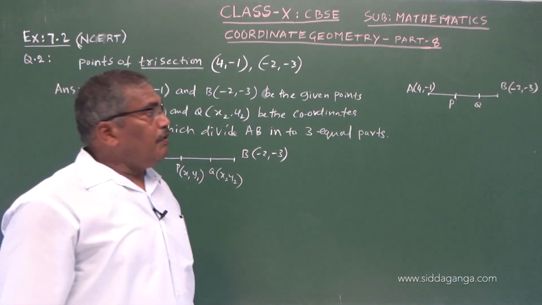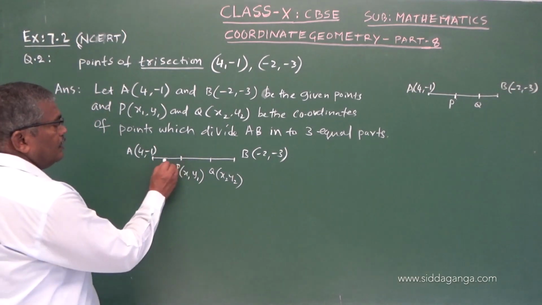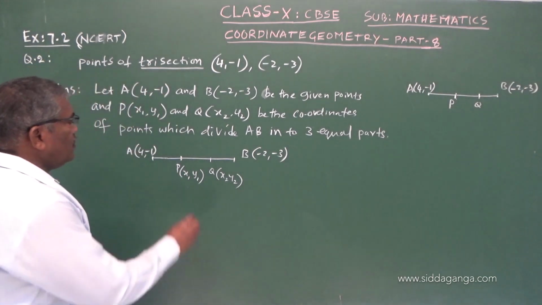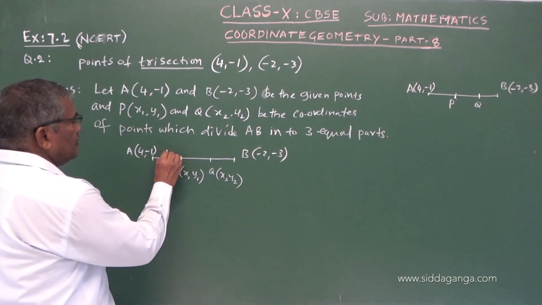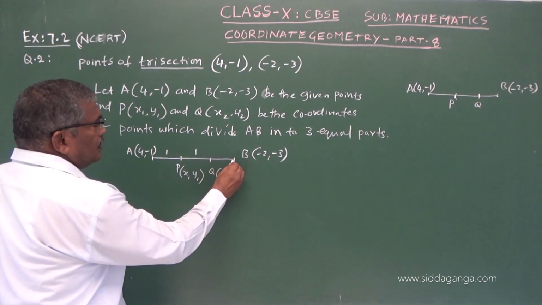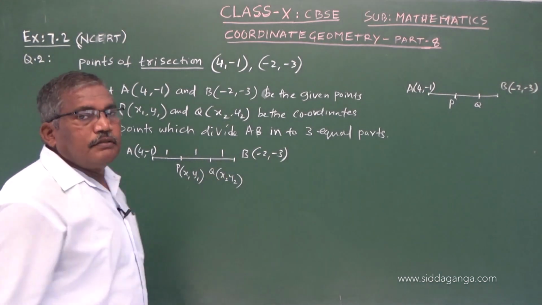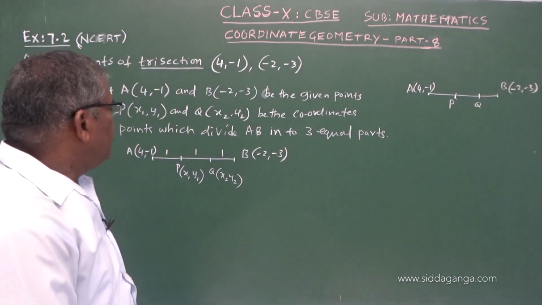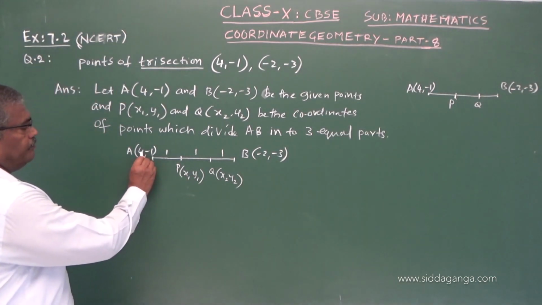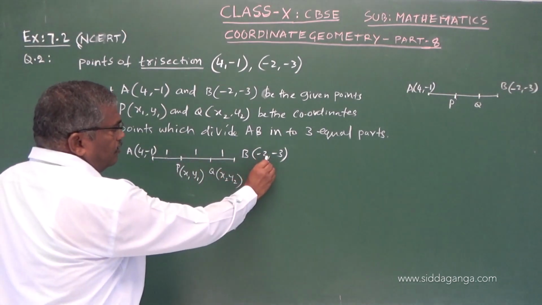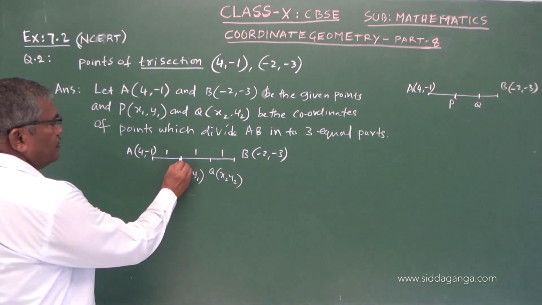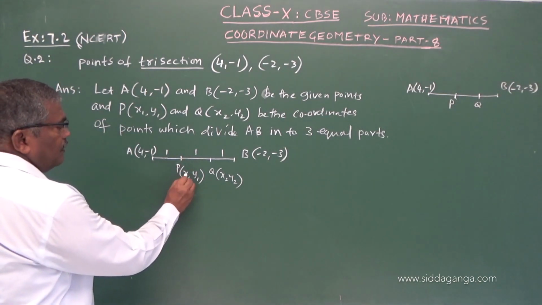Now observe, this length is equally divided into 3 parts. Therefore AP equals 1, PQ equals 1 unit, and QB equals 1 unit. To find x1, y1 we have the coordinates of A and B. First we shall find x1, y1.